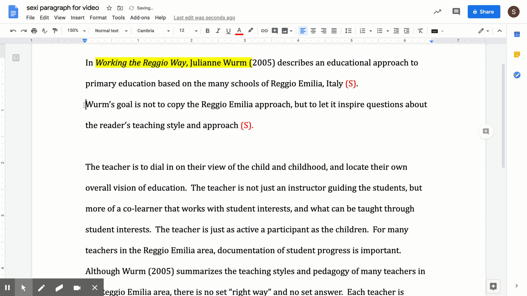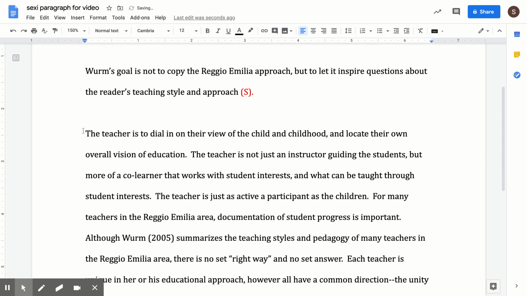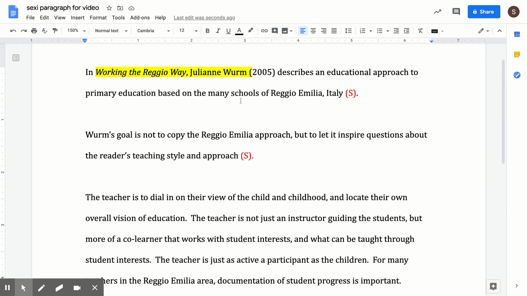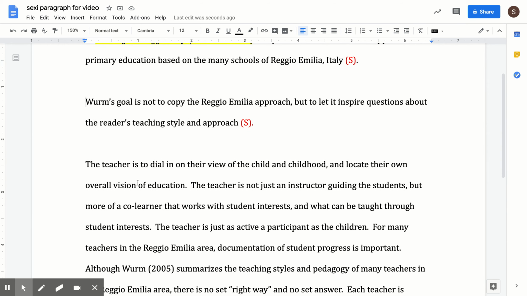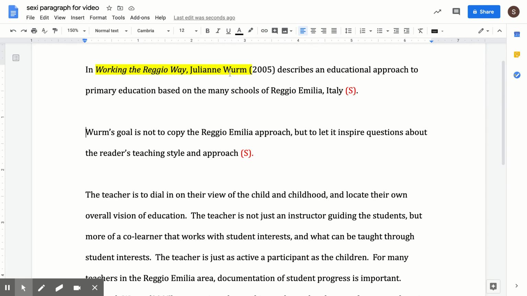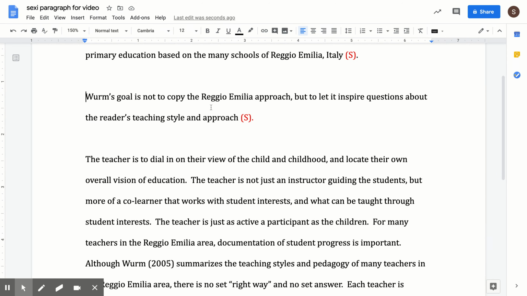All right, let's take a look at the next sentence. Hopefully this sentence will describe this statement up here, the very first statement that the paragraph is supposed to be about. The teacher is to dial in on their view of the child and childhood and locate their own overall vision of education. That one's tricky. It might be an E to this statement, but it's certainly not an E to telling us what Reggio Emilia as an educational approach is or does, right?